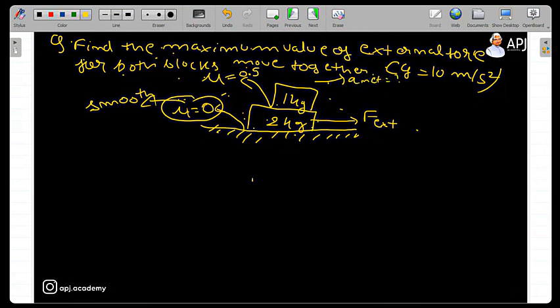Can you tell me which force is responsible for giving horizontal acceleration to the 1 kg block? Can you identify which force can give the 1 kg block acceleration in the horizontal direction? It's friction, obviously.